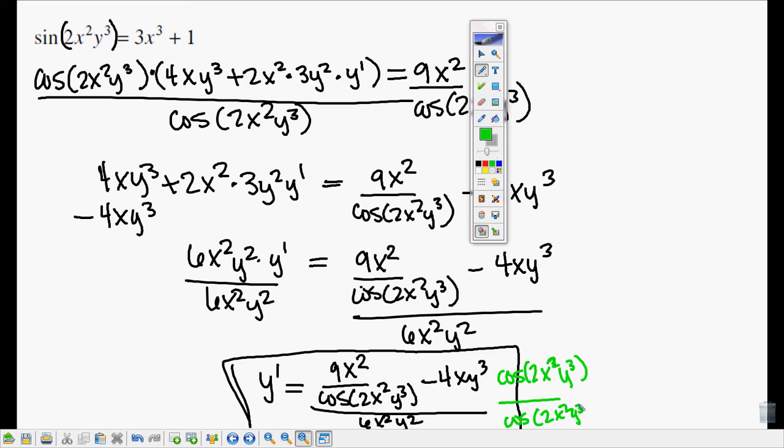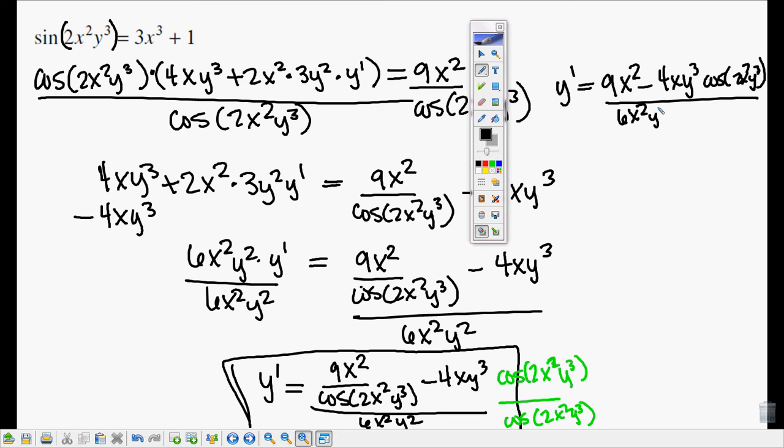But just to show you, in case this happens to pop up as a multiple choice question, we have y prime is equal to 9x squared minus 4xy cubed cosine of 2x squared y cubed all over 6x squared y squared times cosine of 2x squared y cubed. So either is an acceptable answer. It's just a matter of how you worked it. You could have distributed here and come to the same conclusion.